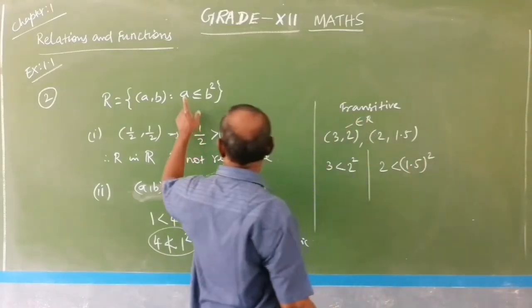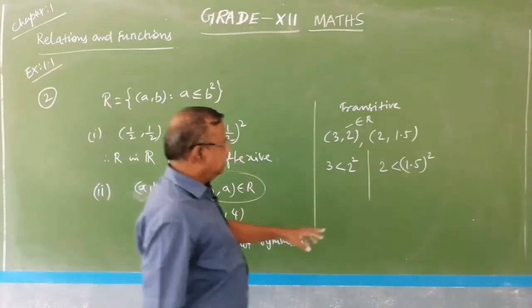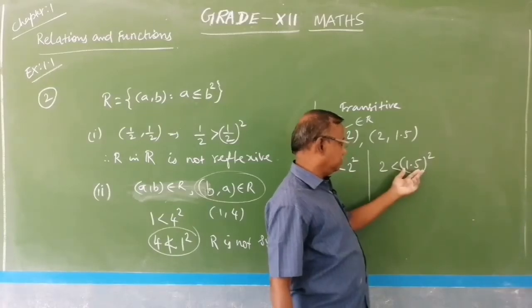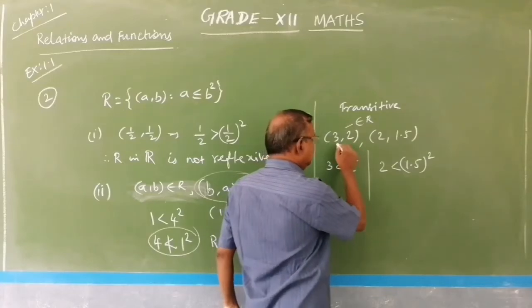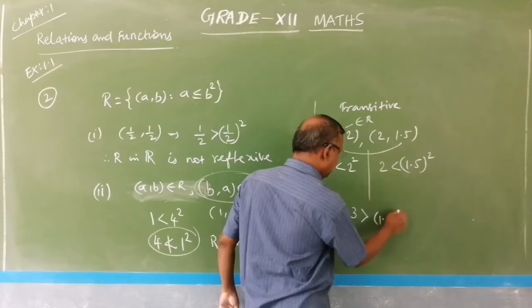The condition is a is less than or equal to b squared. Here 2 is clearly less than (1.5) squared, because (1.5) squared is 2.25.